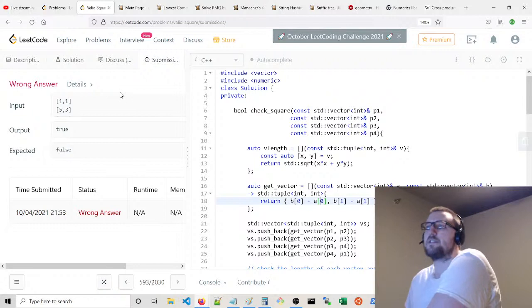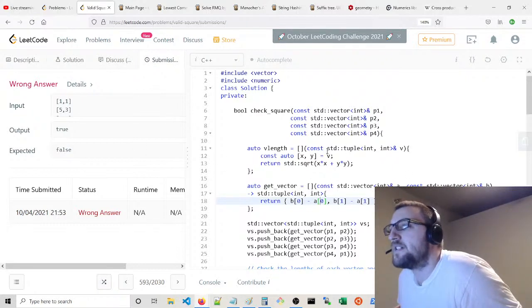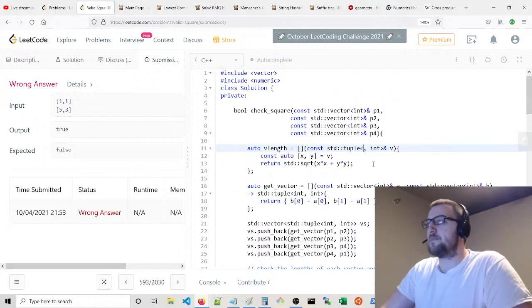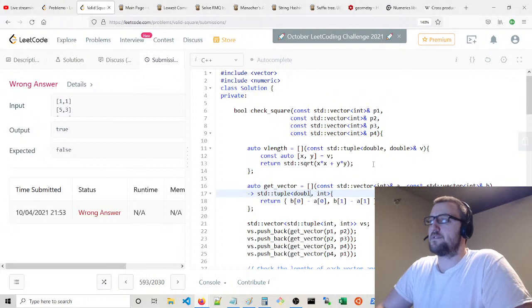I thought I might have missed something here with the calculations. I did. That was kind of dumb. These really should all just be doubles. And then to get the vector, we'll make these doubles.